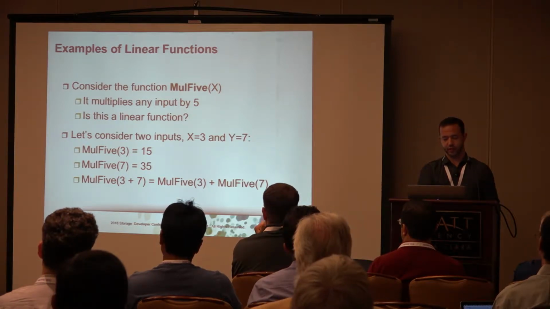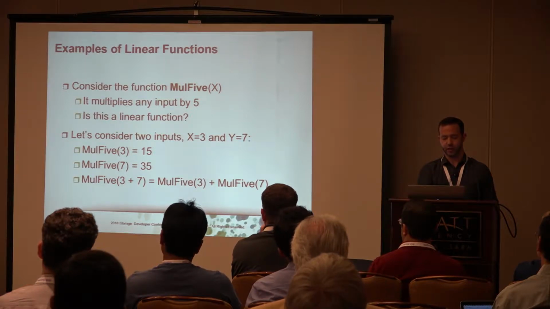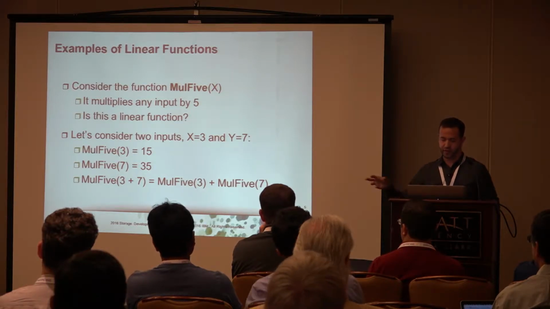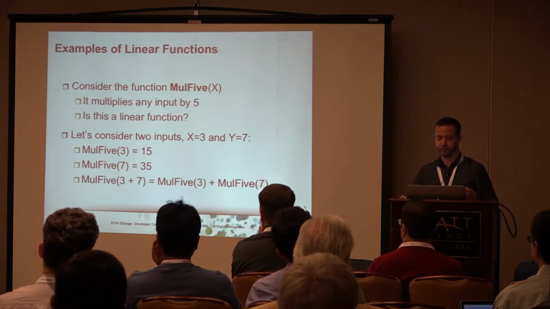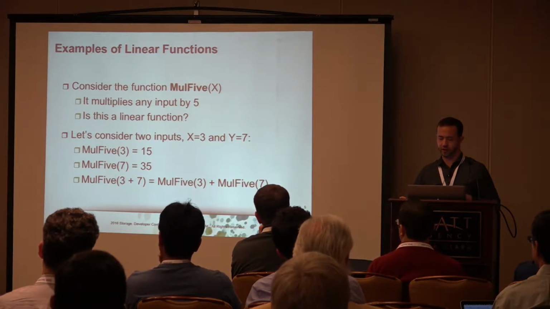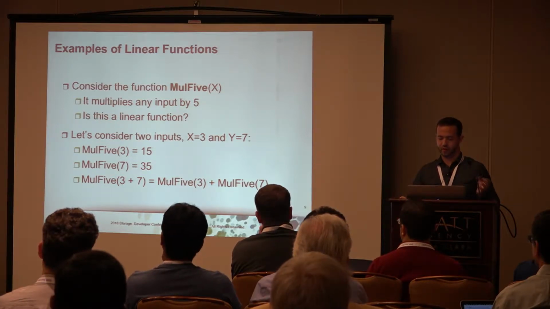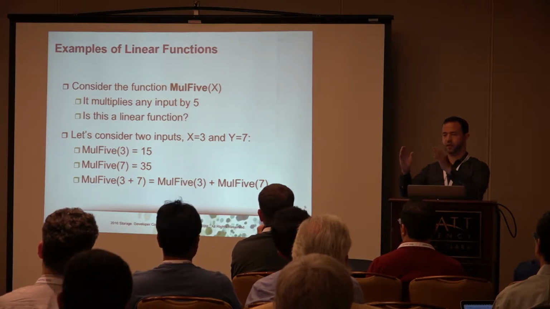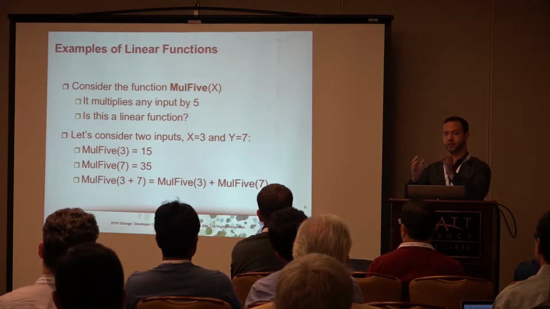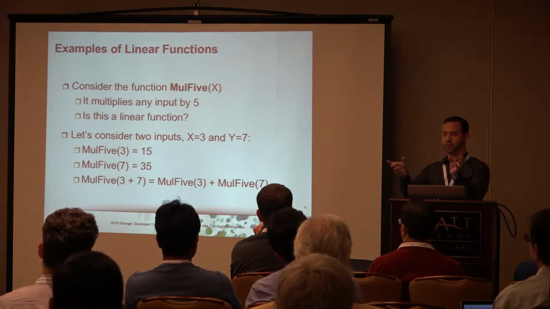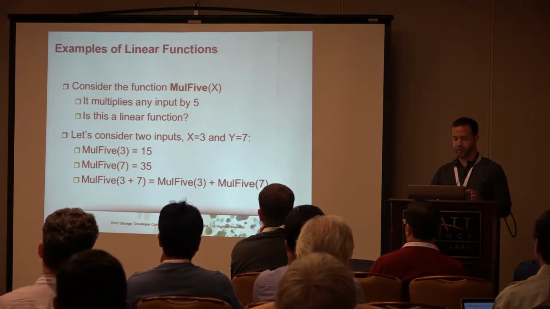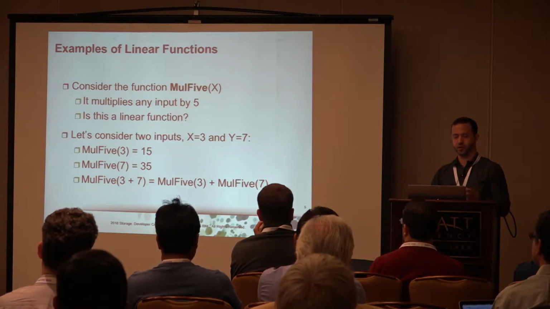If we add 3 and 7 together, we get 10. mul5 of 10 is 50, which equals 15 plus 35. This follows for any x and y. It's a consequence of the distributive property of multiplication, which says that 5 times (x plus y) is the same as 5 times x added to 5 times y. So we can conclude that mul5 is linear for the addition operation.